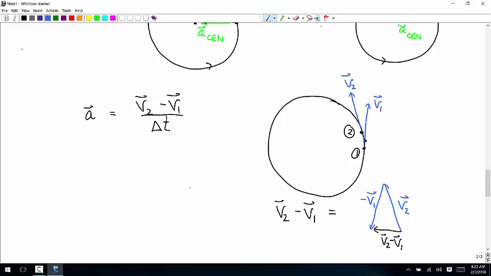And so the velocities are this and then this, but the acceleration is in the direction towards the center. So if you put that up there, it would be pointing exactly towards the center of the circle.